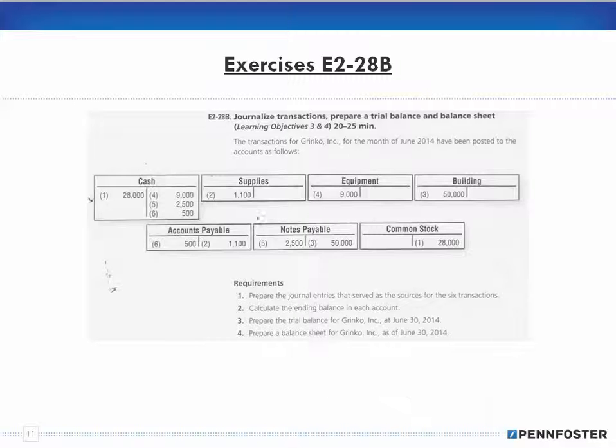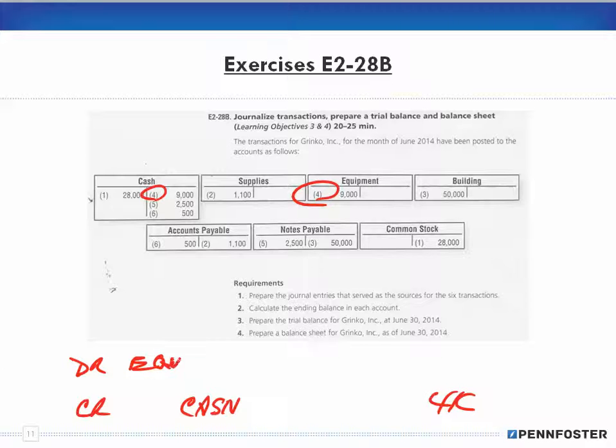Number 4 is a credit to cash. Oops, credit to cash. Let me do this right. So I have a credit to cash for 4,000, which means I'm buying something. And what am I buying? I have a debit to equipment for 4,000. So that's the journal entry.